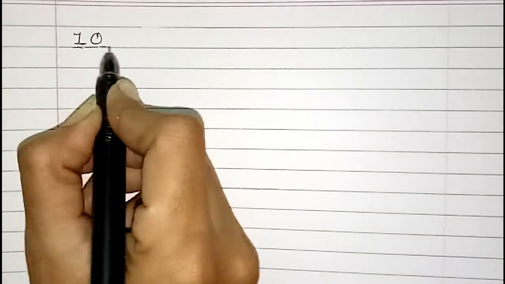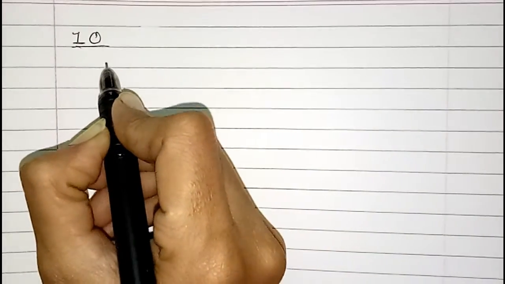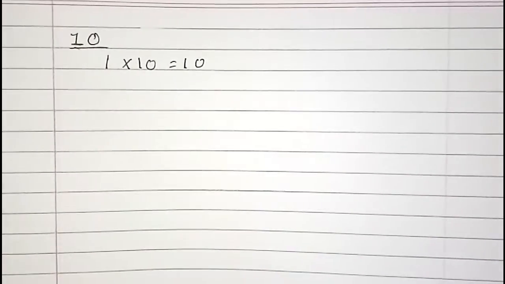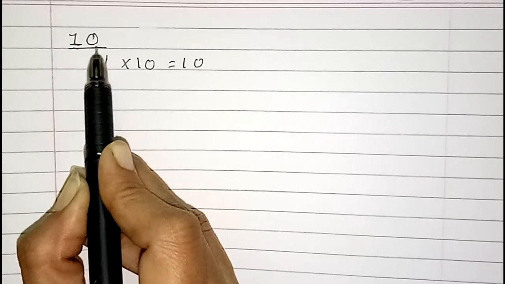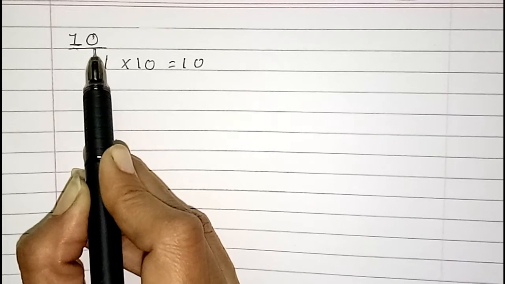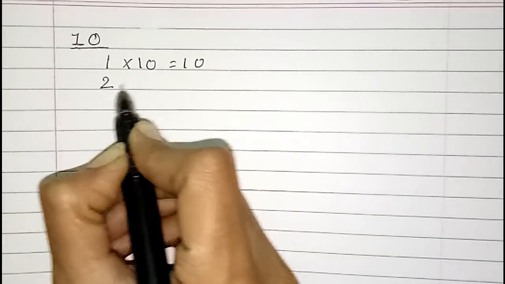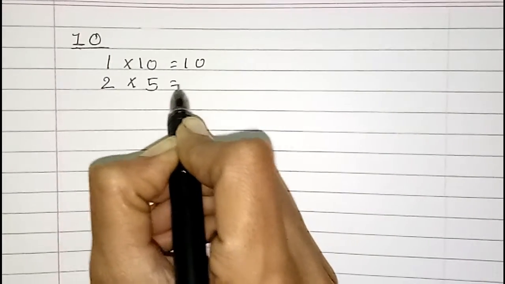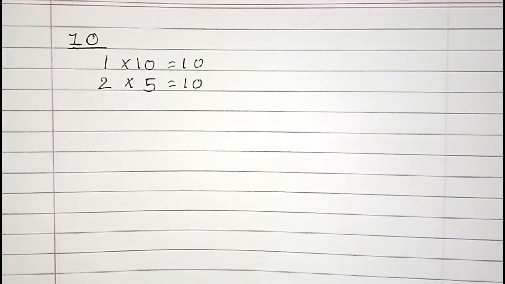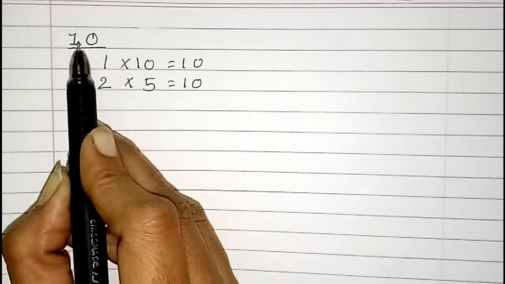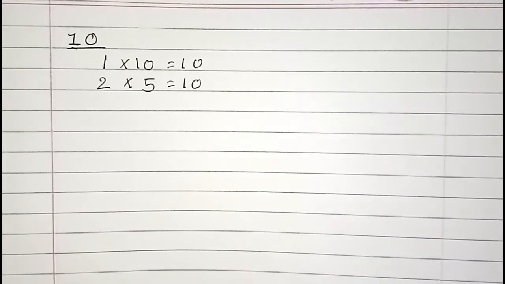Let's take the number 10. So first, what will we write? 1 ten is 10. 1 is a factor of every number. Now 2. The last digit in the ones place should be an even number, so 0 is an even number, so it can be divided by 2. We know that 2 fives are 10. Now 3's divisibility: 1 plus 0 is 1, it cannot be divided by 3.